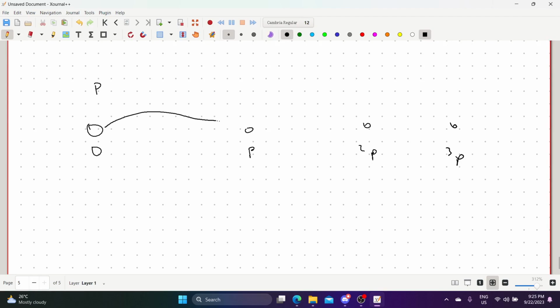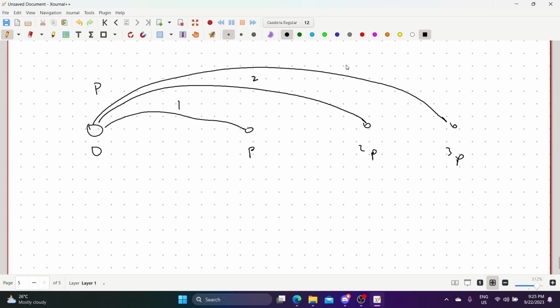This means that you can connect this with edge weight of 1, edge weight of 2, edge weight of 3, because this means that you need 1 jump, 2 jumps, and 3 jumps respectively. Yeah, then we can do the same thing for the other Doges.